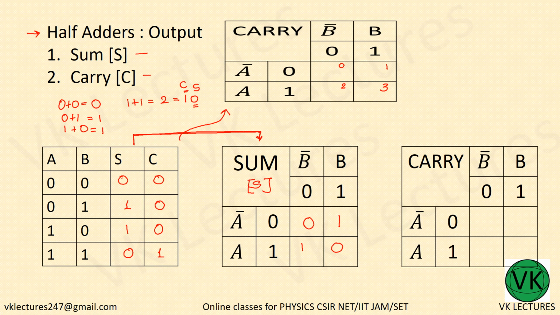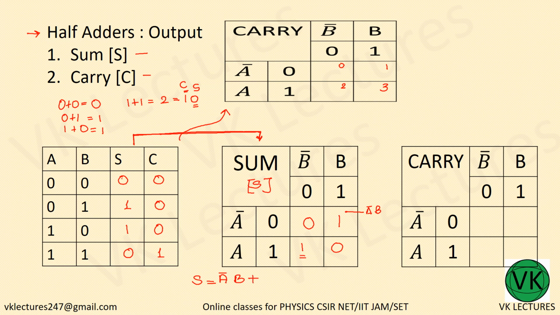So what is sum equal to? Sum equal to A bar B. What is this? This is A bar, corresponding to B, it is B, that means the other input, so A bar B, plus, what about this?